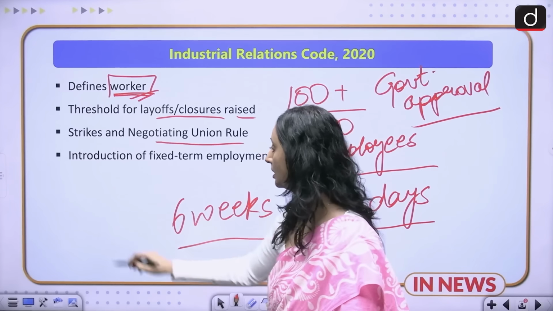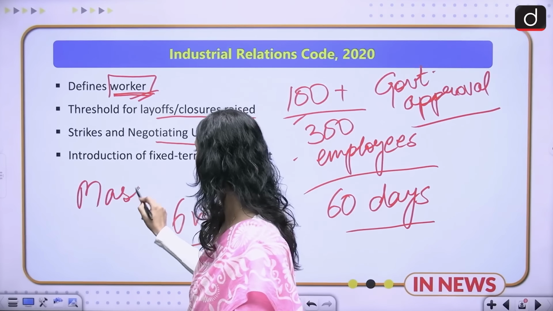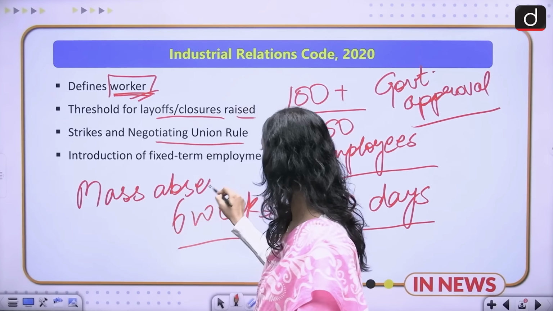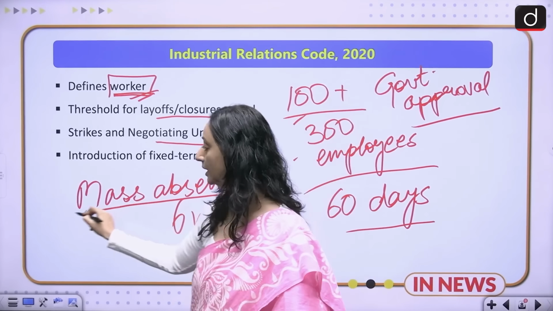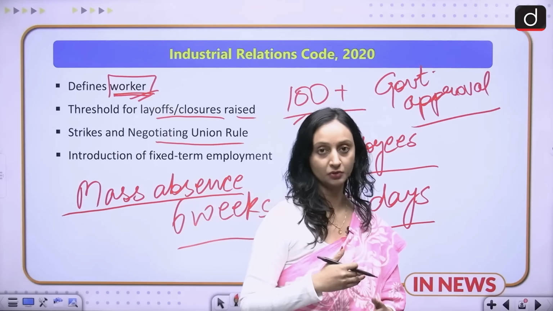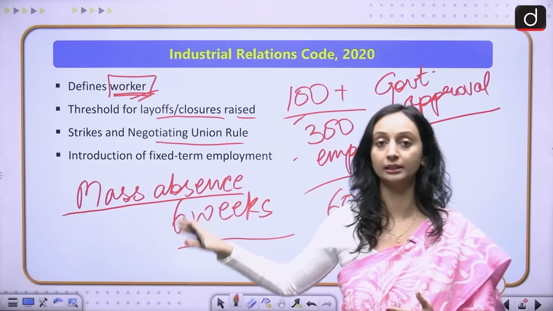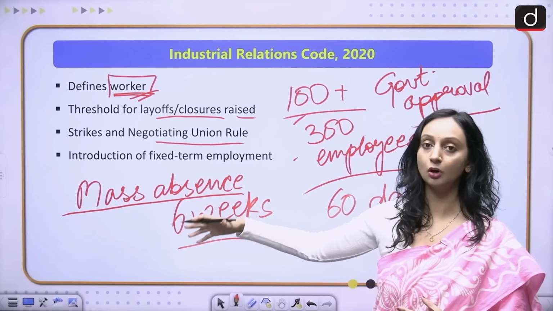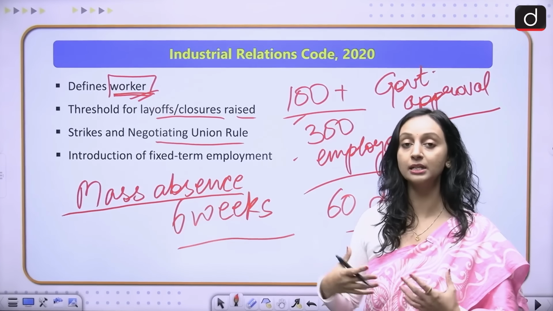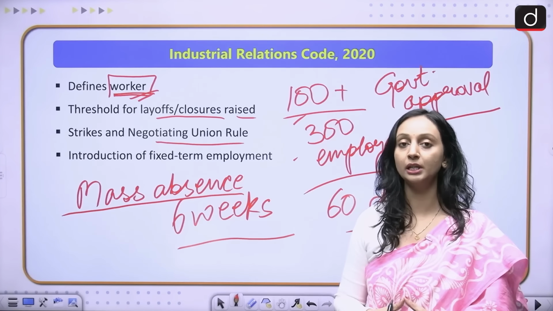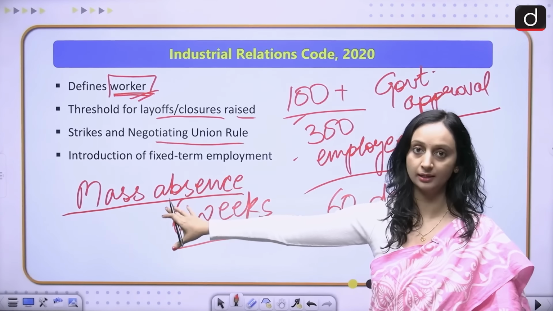And even mass absence or mass leave have also been included in the definition of strike. So when you study the detailed definition of strike in these provisions, mass absence of all these workers, mass leave of all these workers, has also been included in the strike definition.